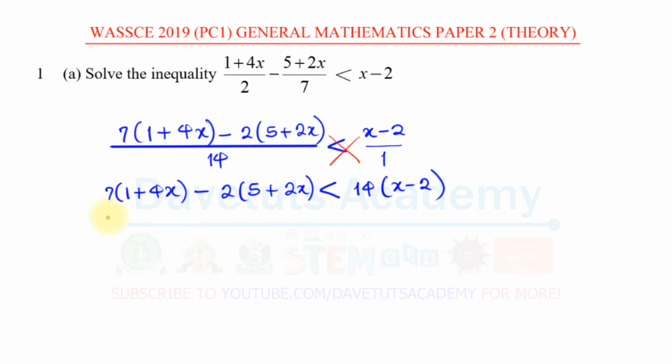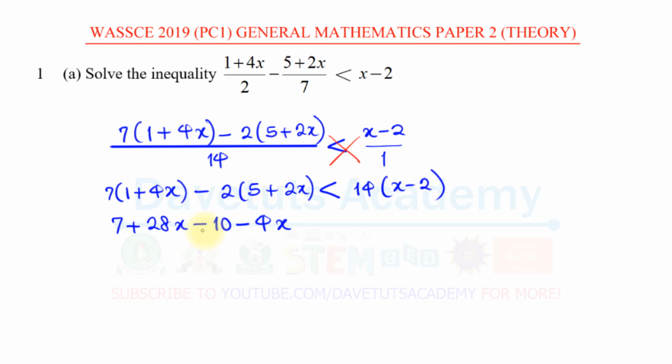To open the bracket, we say 7 times 1, that is 7. 7 times 4x, that is plus 28x. Minus 2 times 5 is 10. Minus 2 times plus 2x: this negative sign will multiply this positive sign to give a negative sign, and 2 multiplied by 2x will be 4x.